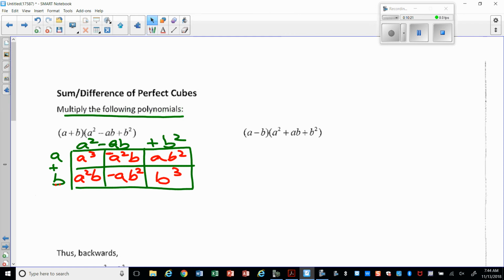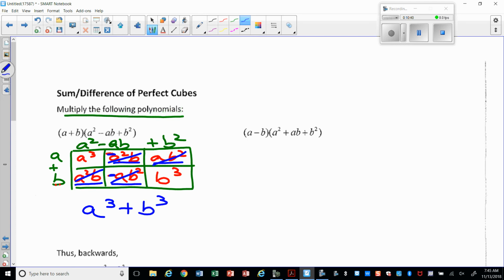Well, notice that a squared b, I've got a positive and a negative, so those add up to 0. And I've got this, a positive and a negative, so that adds up to 0. So what's left is a cubed plus b cubed. And so same thing here.